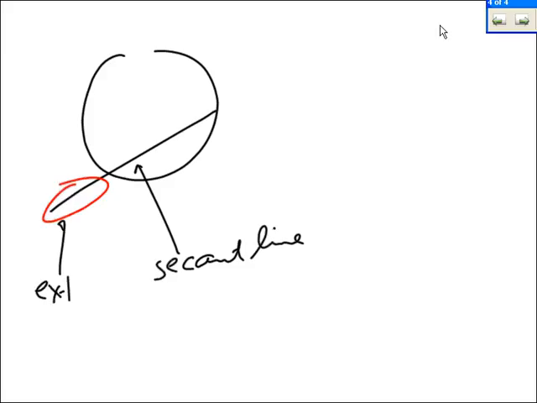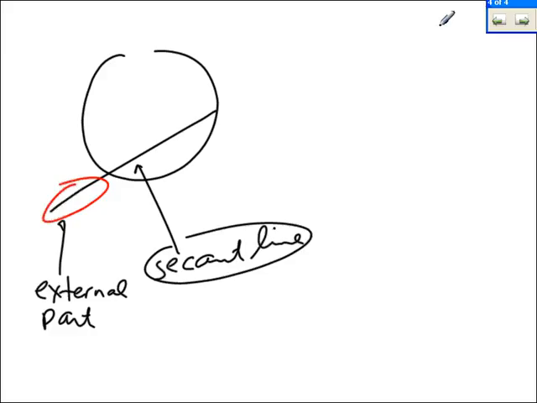External part of what? Of the secant line. Some books call this the secant segment. It's the whole thing.